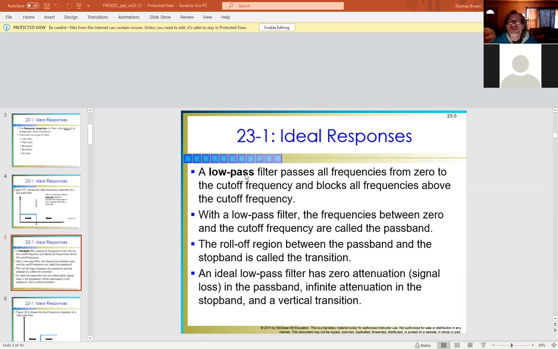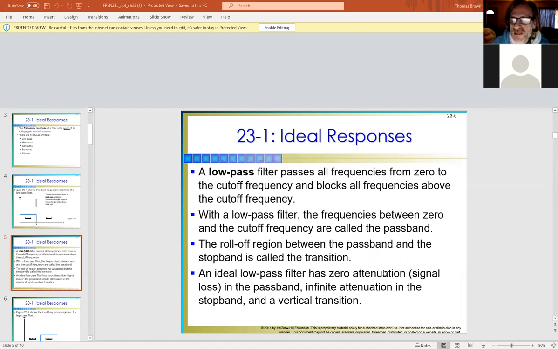So as it says here, a low pass filter passes all frequencies from zero to the cutoff frequency, and it blocks all frequencies above that. And that's typically a low pass filter, right? So an ideal low pass filter has zero attenuation in the pass band, but in the real world, you're never going to have the ideal model. You're going to have what is close enough.